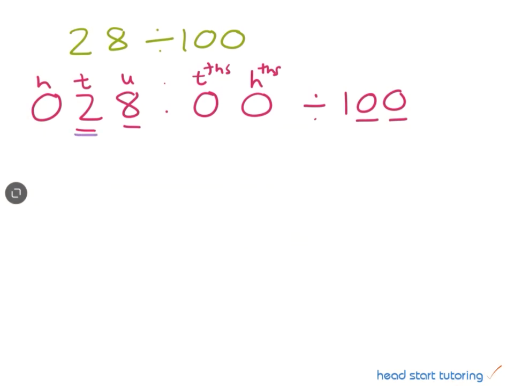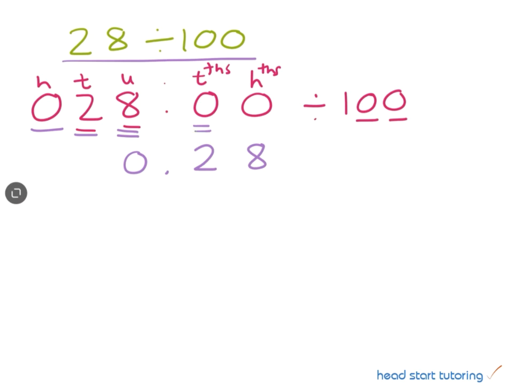So this 2 will end up after the decimal point in the tenths column because it misses out the units column and goes straight to the tenths column. And our 8 will become 8 hundredths. So our 8 units becomes 8 hundredths, and we can put our placeholder there in our units column. So our answer for 28 divided by 100 is equal to 0.28.